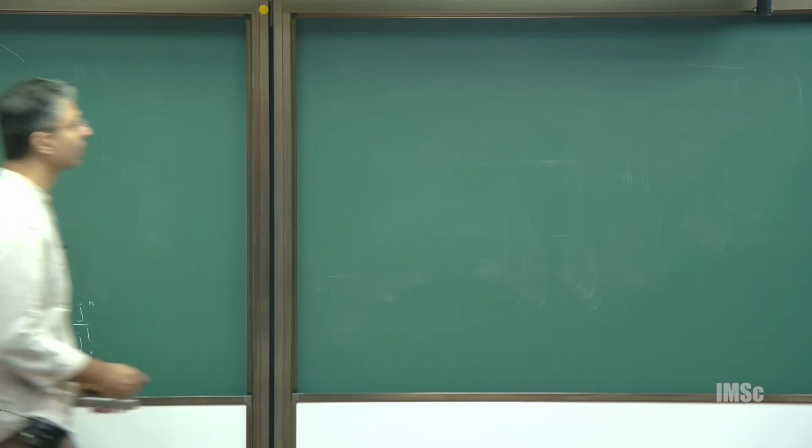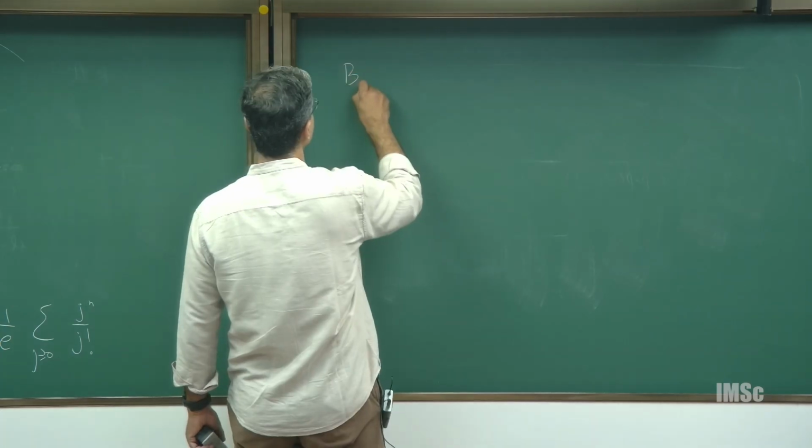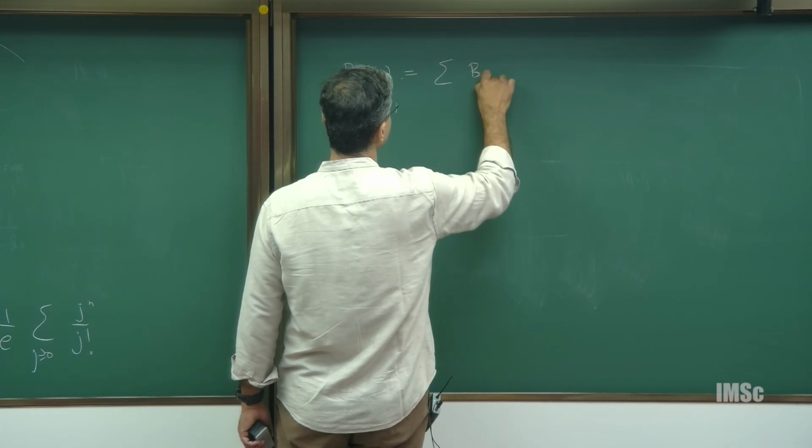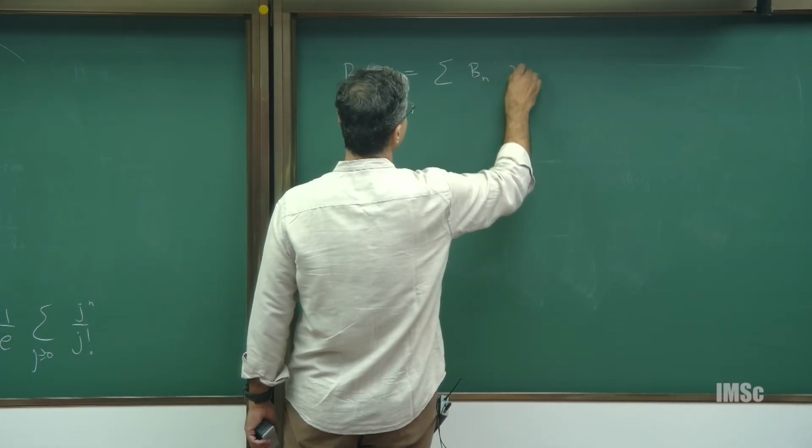So, what generating function shall we, let us say b of x we define for the sequence of Bell numbers.